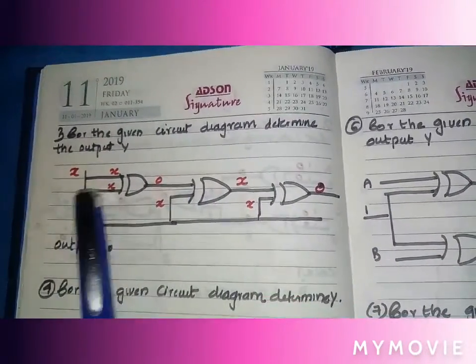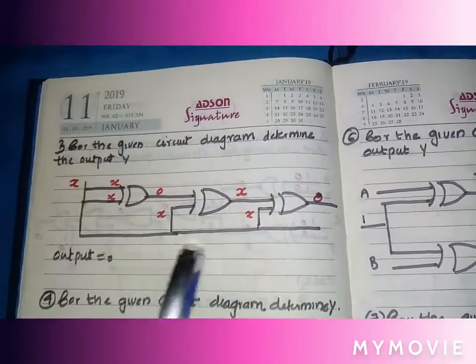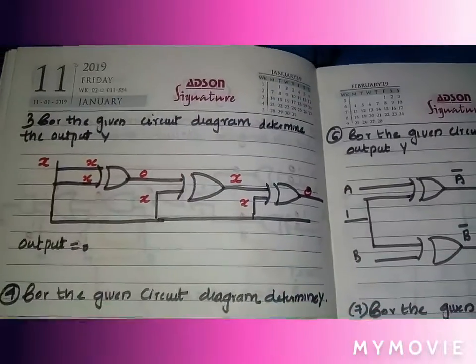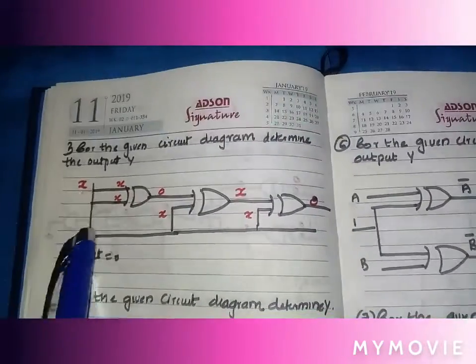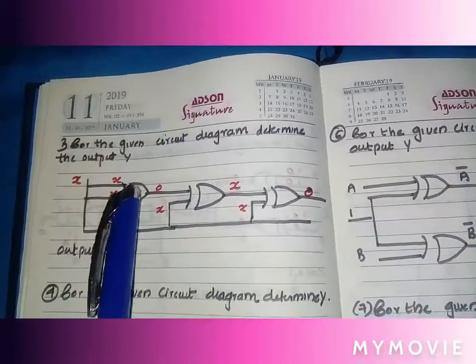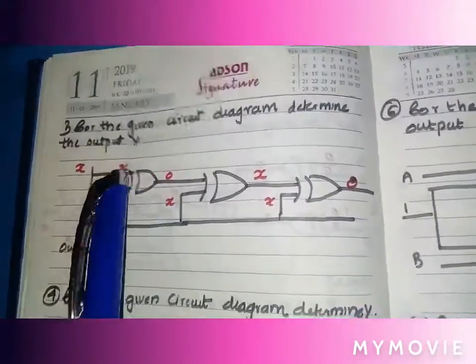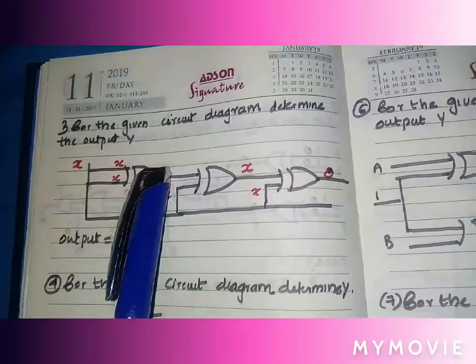Second problem: consider the circuit diagram given in the figure and find the output Y. Here the connection X is given, so for the XOR gate the inputs are the same, so the output will be 0.